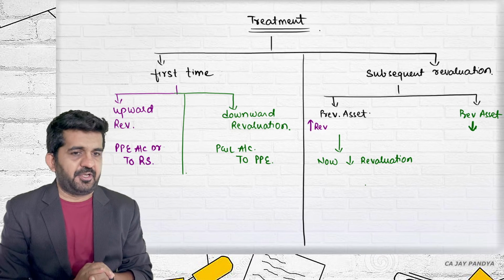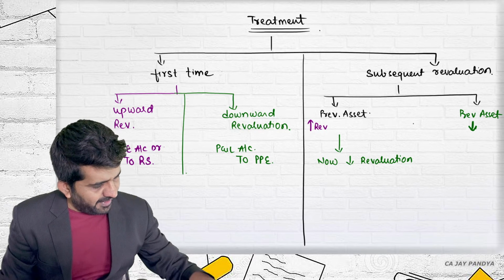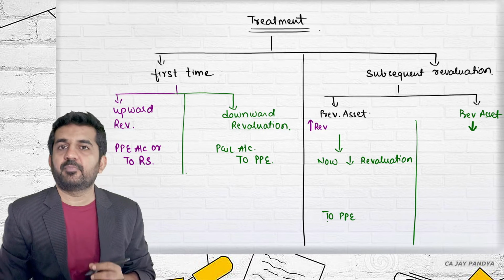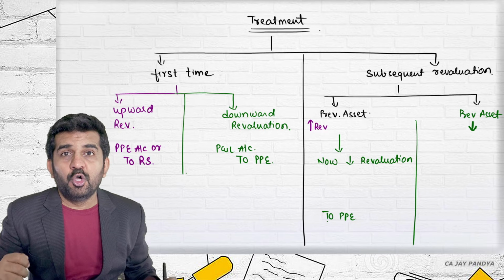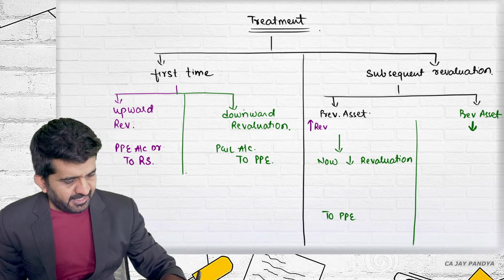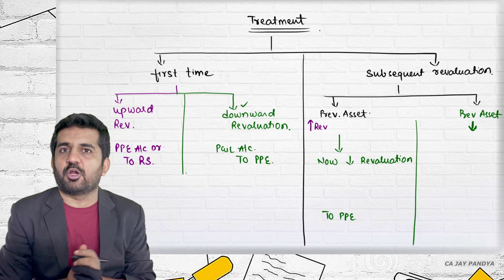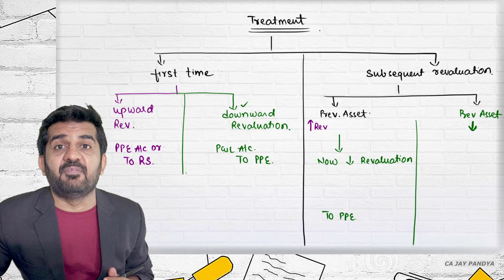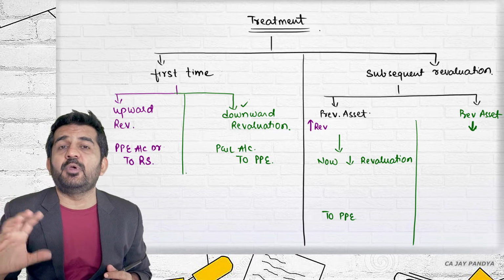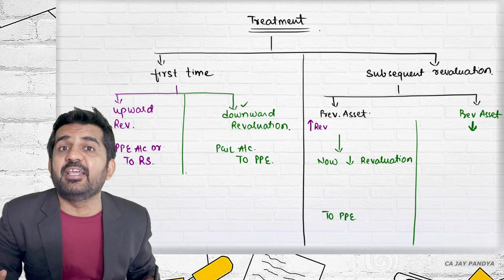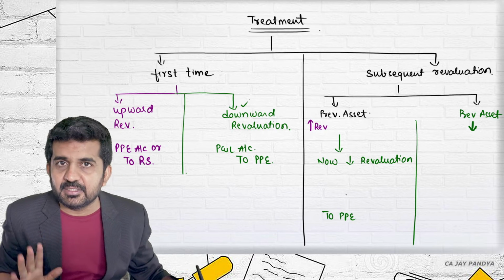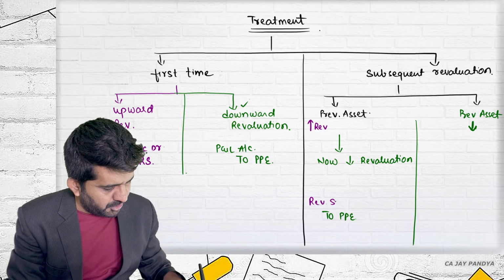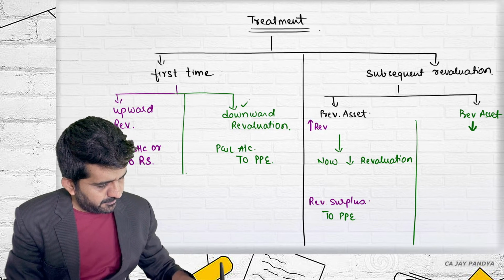What will be the journal entry? Try to understand. Now it is downward revalued, so we need to credit PPE. We know that we need to debit the P&L account because that is downward revaluation. We normally debit the P&L account. But try to understand. Previously it was upward revalued. So there is a revaluation surplus credit balance already available for this particular asset. That's all right. Then first you need to debit that revaluation surplus.